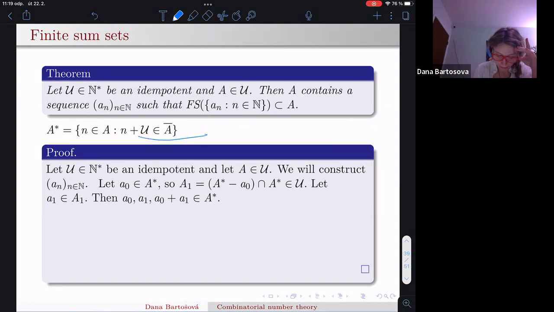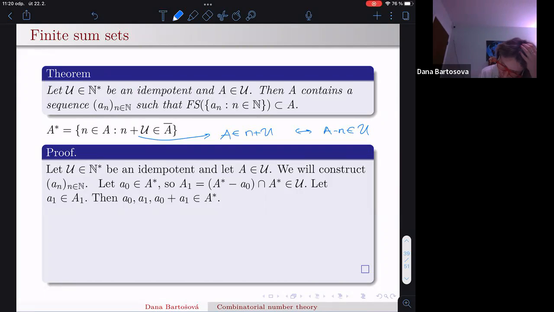Remember that this means the same thing as A being a member of n plus u, which means the same thing as A minus n being in U. And now we have that A star is in U, and then by the choice of A0, also A star minus A0 is in U. And then I can intersect with A star, they are all in U. So this is still a member of U. And then I'm going to choose A1 out of this set, out of this intersection.